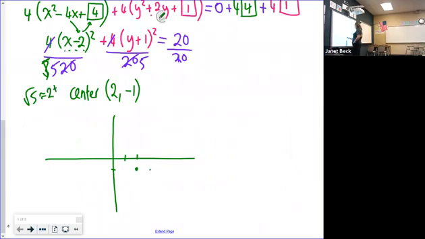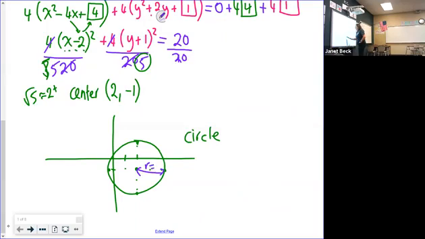So a little bit bigger than 2 to the right, a little bit bigger than 2 to the left, and we're going the same distance up and down. So this actually turns out to be a circle. And the radius of the circle is the square root of 5.